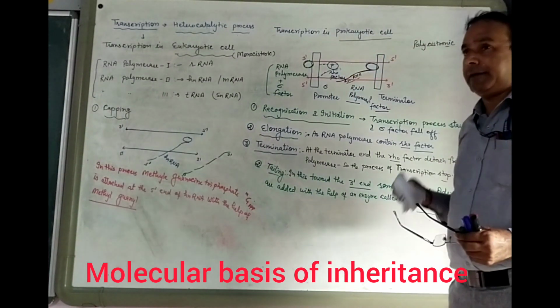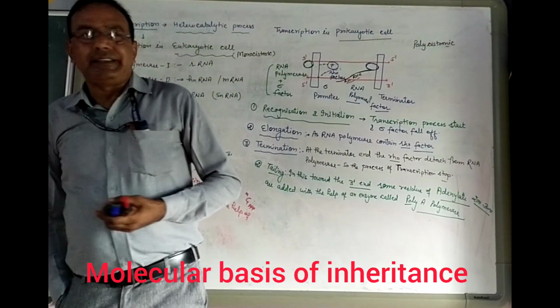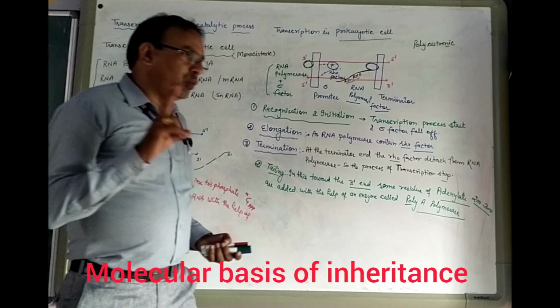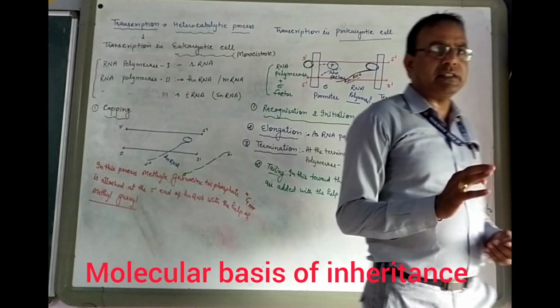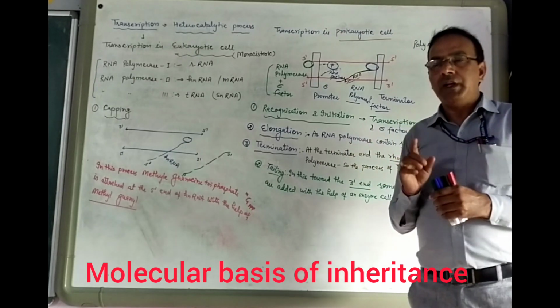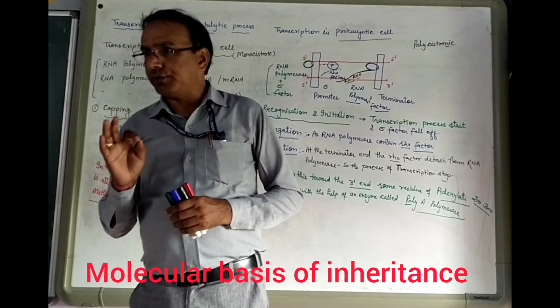After that, there are some unwanted sequences synthesized in the hnRNA. There are two types. One is the expressed coding sequence that can be seen in the mature stage, called exons.